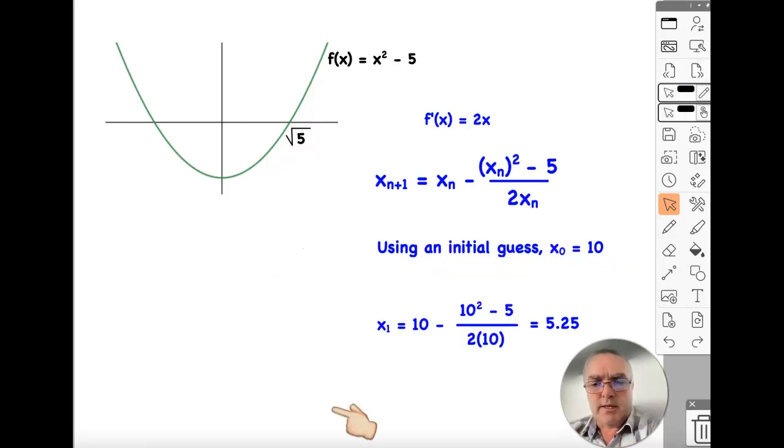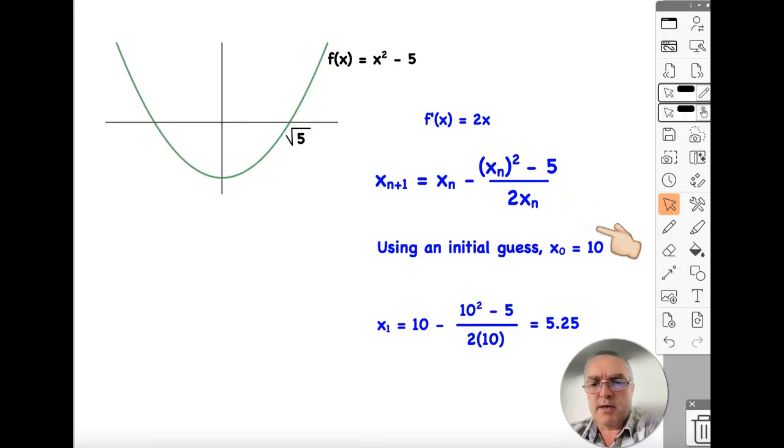And so here we're going to get set up for using Newton's method. There's my function, f of x, x squared minus 5. The derivative of that is 2x, so f prime of x equals 2x. And so here is Newton's method. xn plus 1 will be xn minus f of xn over f prime of xn. So here you can see I'm using the function with my previous guess and the derivative with my previous guess.